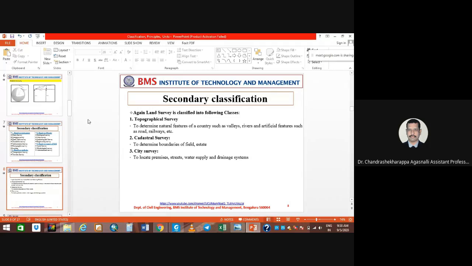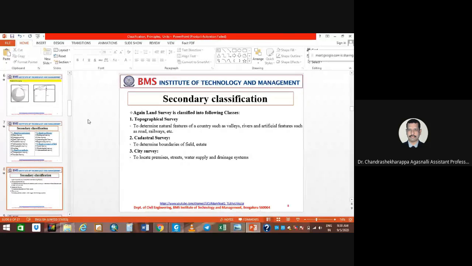Topographical survey, you know, is to determine the natural features of the country, such as valleys, rivers, and artificial features, such as roads, railways, dam construction, tunnel construction, reservoir construction. These are all the artificial features on the earth. Natural ones are the valleys, rivers, hills, those are all the natural features.